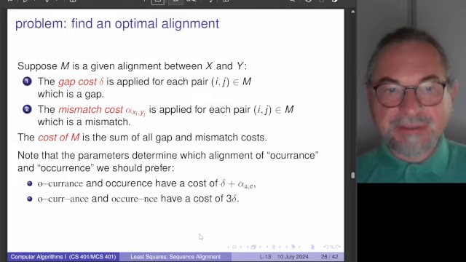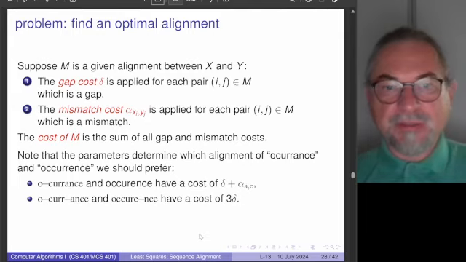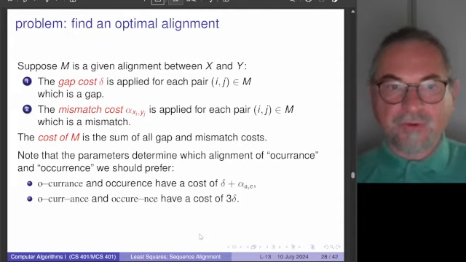So which matching will be more optimal than the other? That depends on the relative cost of the gap versus the mismatch.